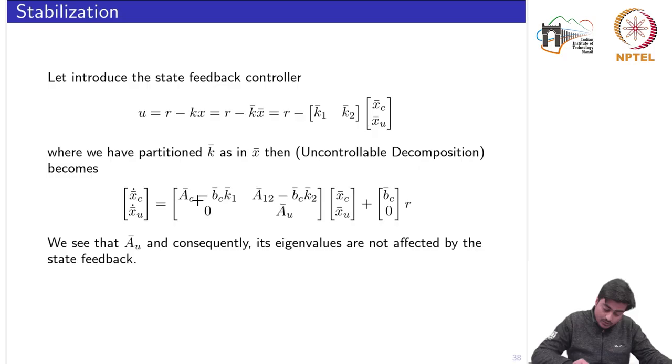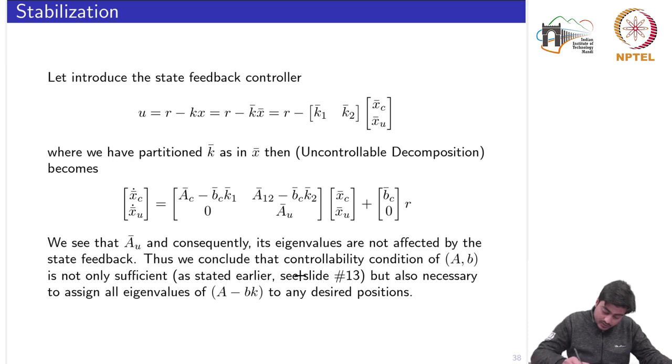We are only able to affect the eigenvalues of the controllable part. Thus we conclude that the controllability condition of (A, B) is not only sufficient. We had stated this earlier on slide number 13 as only sufficient, but in fact it is also necessary to assign all the eigenvalues to any desired positions.